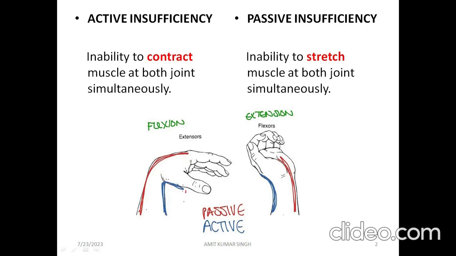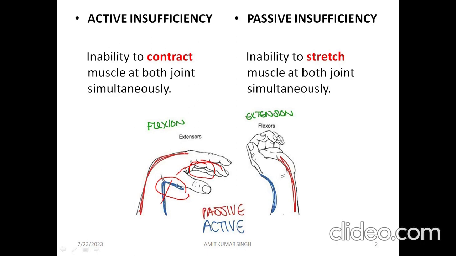Once I have used the function of the wrist flexors completely to do wrist flexion, these flexors cannot perform flexion around the MCP joint, because they are already exhausted. That is known as active insufficiency.